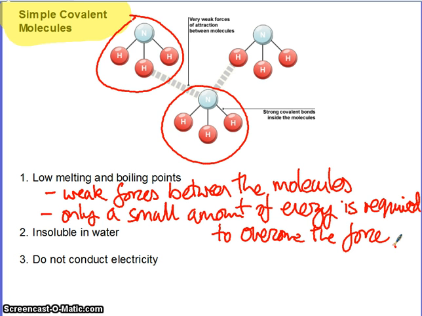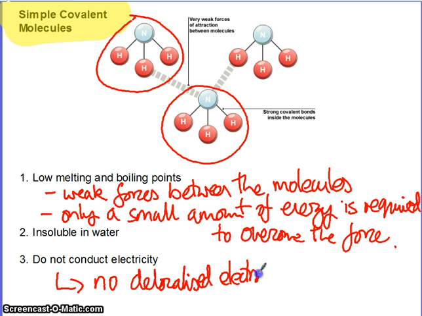It's not on the syllabus, but you should also be aware that simple covalent molecules are generally insoluble in water, and this is very much on the syllabus. They don't conduct electricity, and the reason is that there are no delocalized electrons like in metals, and there are no free ions like when you have an ionic substance which has melted or been dissolved.